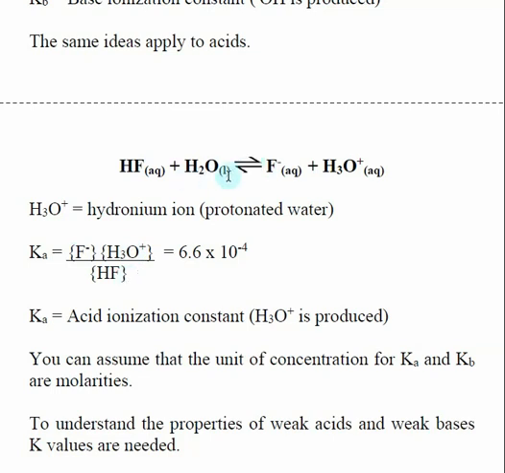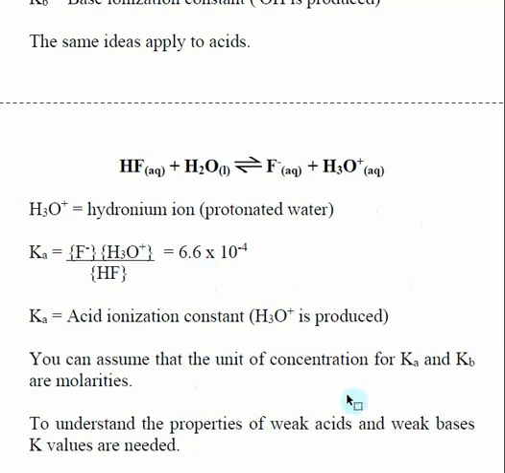Once again, water does not show up in our equilibrium expression, and our equilibrium expression is equal to some equilibrium constant. In this case, it is called a Ka, or an acid ionization constant, and we know this because hydronium is being produced. So just like other equilibrium constants, these equilibrium constants Ka and Kb are unitless, but we can assume that the units are in molarities, and that's what we're going to be using going forward.